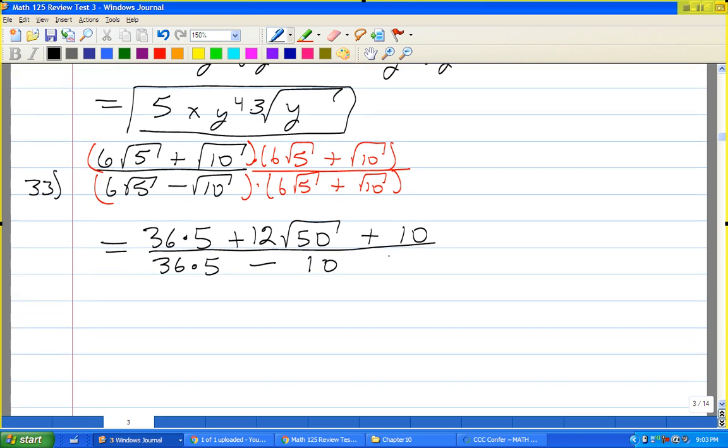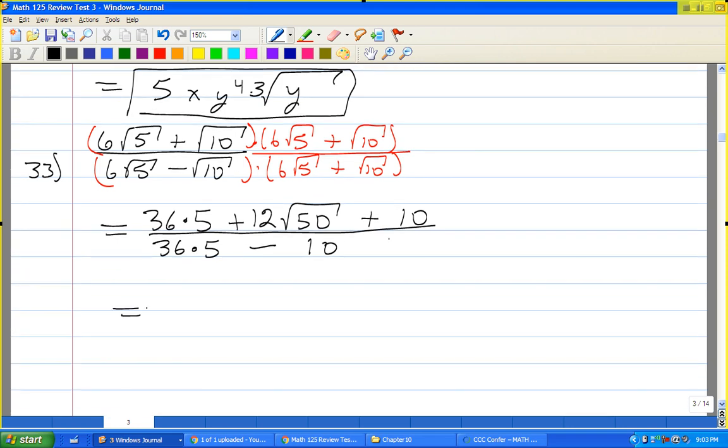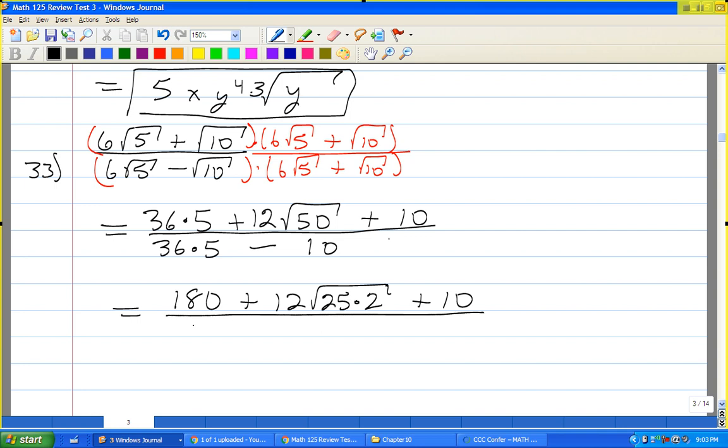And so this is equal to 36 times 5 is 180, plus 12. Let me write 50 as 25 times 2, plus 10, over 180 minus 10.